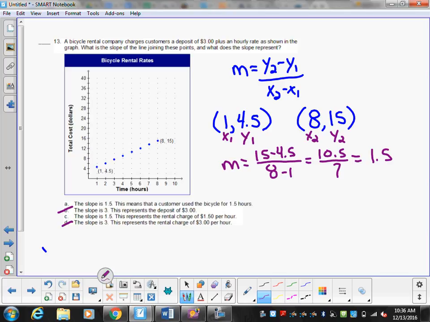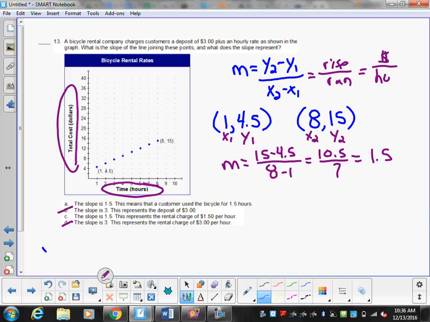Okay. Now remember, another way of talking about slope is our rise over our run. So if you look back at the graph, our rise is over here on the left. That's our dollars. So in this problem, our dollars is on top, and our run is the x-axis, which is our hours. So hours are on bottom.